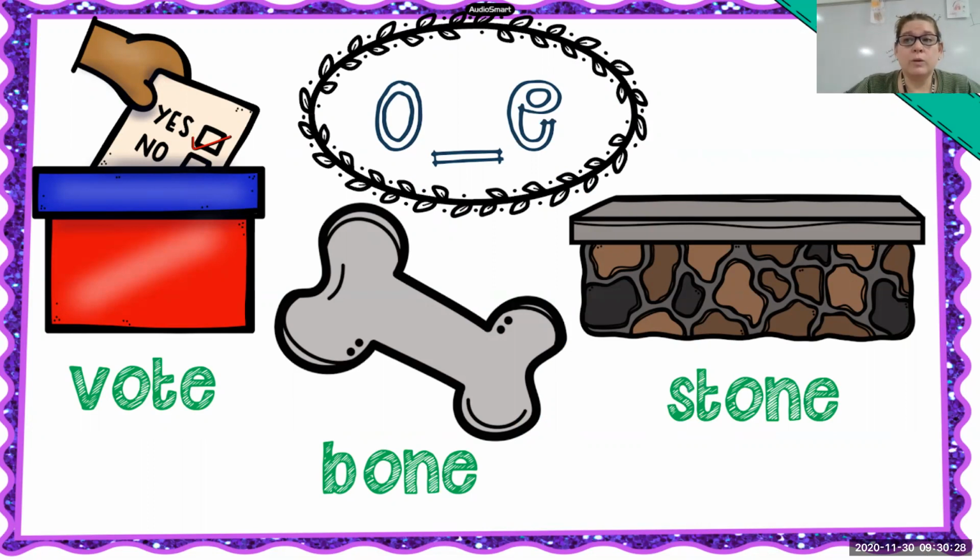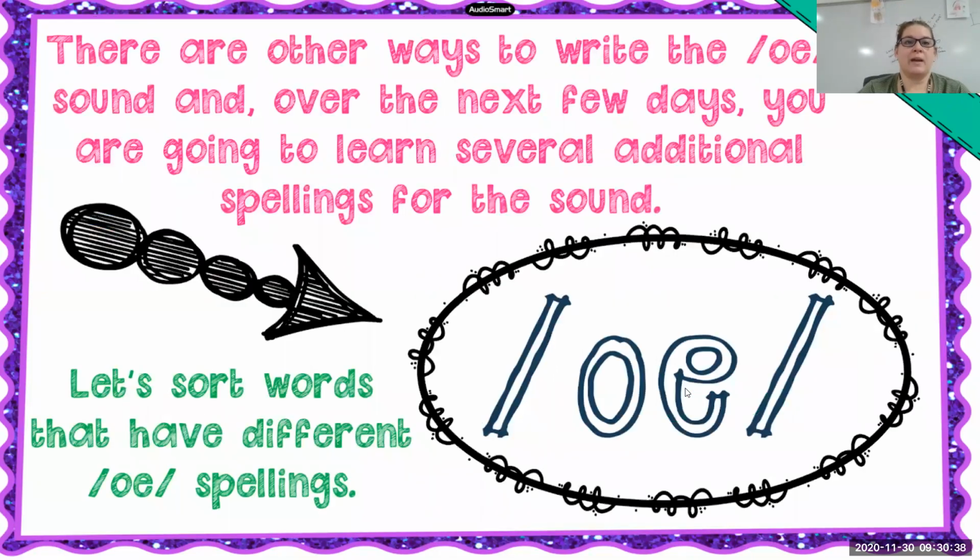We got home. Can you guys think of anything else? All right, so we're going to learn some other ways today to write the O sound. And over the next few days, we're going to learn several additional spellings for the same sound.